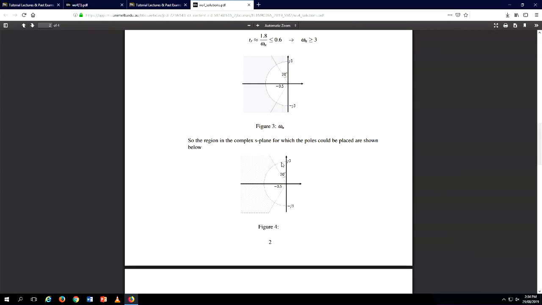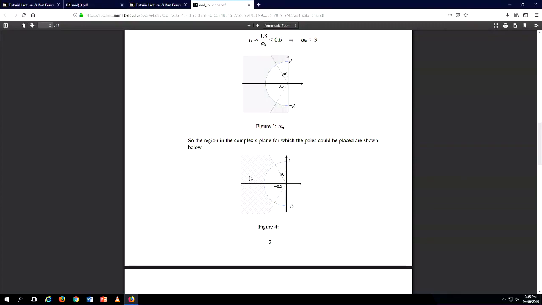Actually, the settling time condition is more relaxed, so we have to strengthen the condition in order to satisfy the overshoot and rise time conditions. The intersection of all these three regions is given by this shaded region here. By the way, the vertical line coming from settling time is here. But since we need to work with an intersection of all three regions, this is what we get. So we need to place all poles in this region in order to satisfy all the specifications.